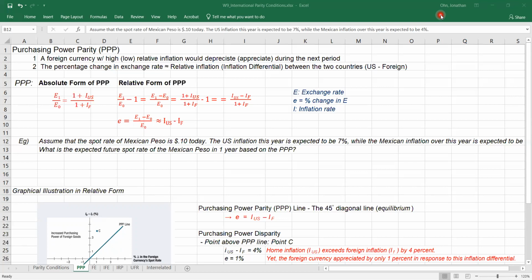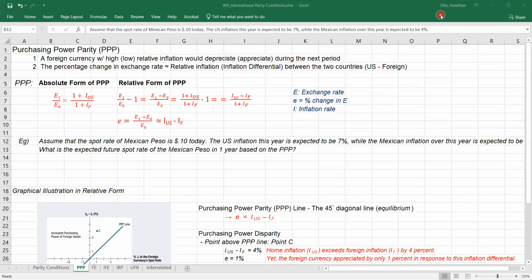I think we already know this from chapter 4, right? We know the relative inflation is a determinant of exchange rate. So if a country has high relative inflation, then its exchange rate is supposed to go down, depreciate. Or if a currency has low relative inflation, then the currency will appreciate in the near future.